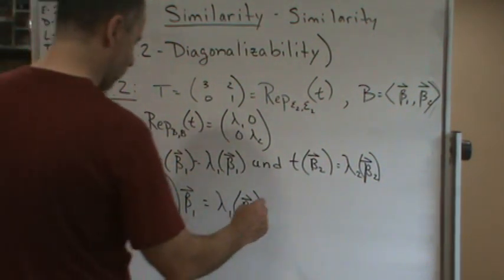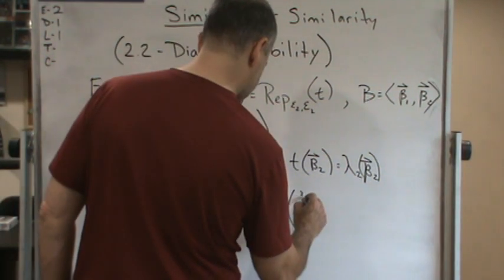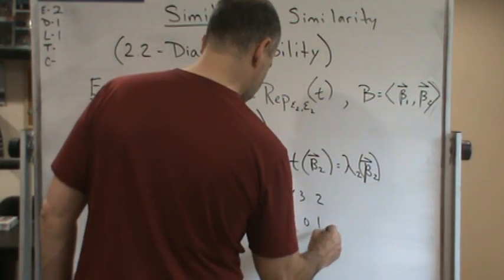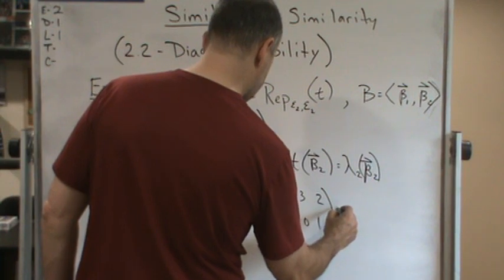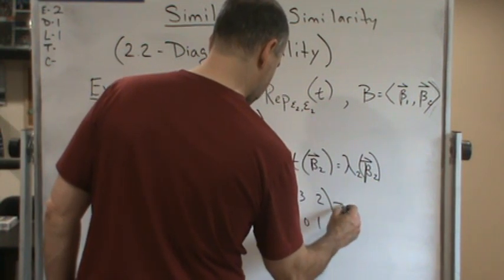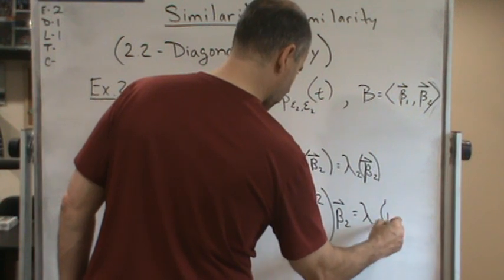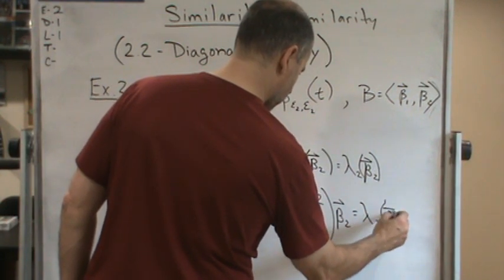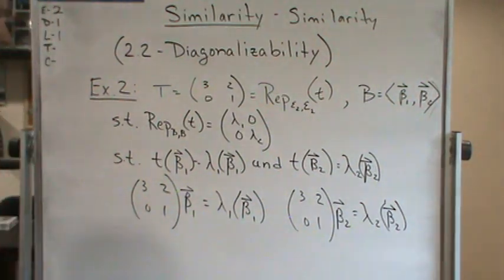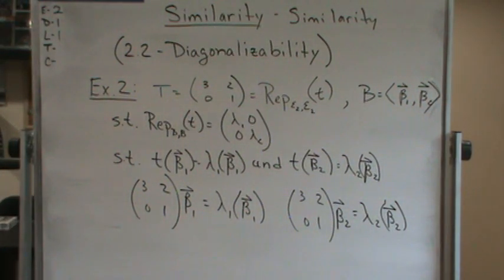And the same thing over here. So we're going to take our matrix 3, 2, 0, 1 times beta 2 vector equals lambda 2 times our beta 2 vector.